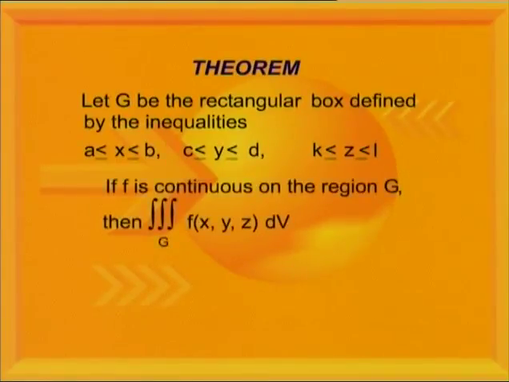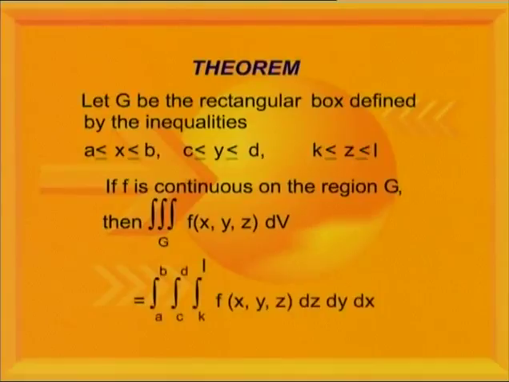If f is continuous on the region G, then the triple integral of the function f of x, y, z with respect to the volume over the region G is equal to the integration of the function f of x, y, z first with respect to z from the limit z equal to k to l, and then with respect to y from the limit y equal to c to d, and then with respect to x from the limit x equal to a to b.